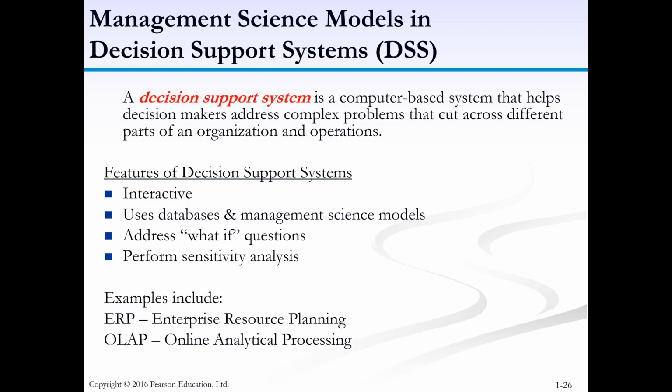It may also include a transportation model to determine the most effective method of distributing a product to customers, and a network flow model to determine the best delivery routes. All these different management science models and the necessary data to support them can be linked in a single enterprise DSS that can provide many decisions to many different decision makers.